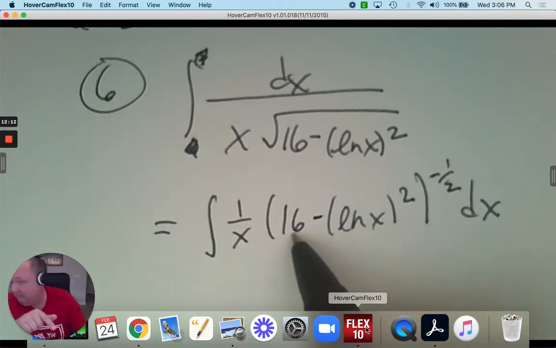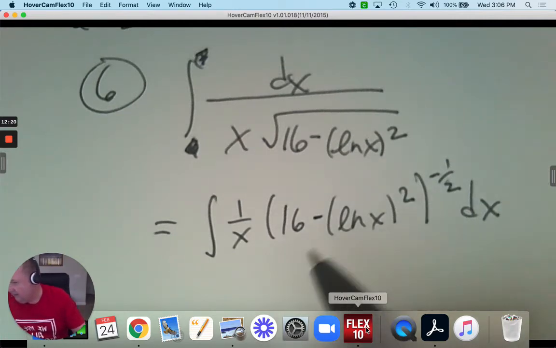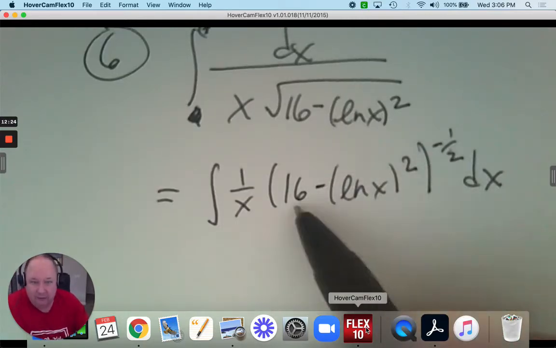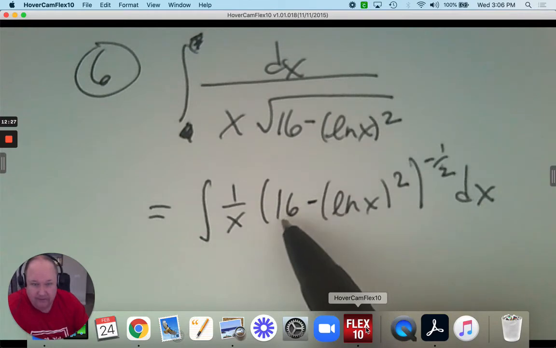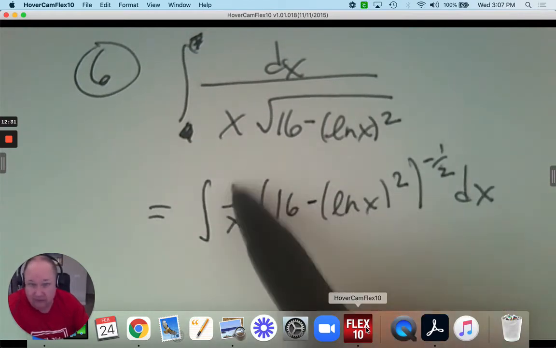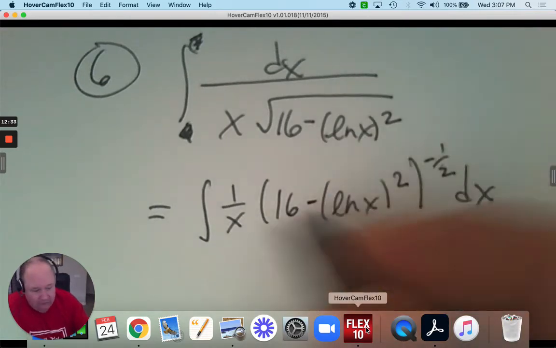The derivative here, maybe it is in the form of arcsine. So the problem here is if I take the derivative, this is the puzzle part. If I take the derivative here, I get 2 ln x and then 1 over x. It's not going to match what's in front. So this direction isn't going to help me.